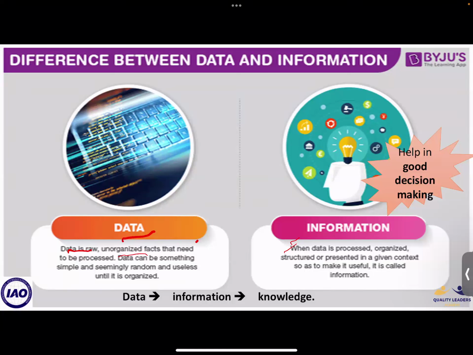Therefore, I cannot rely on them to make a decision because they won't help me at all in decision making. For example, if I told you 25 patient falls happened, or that there were 10 cases of surgical site infections.